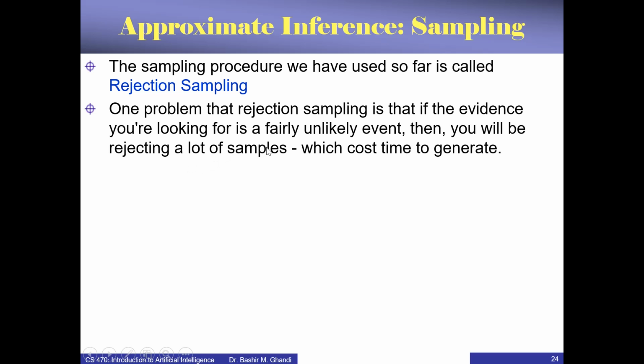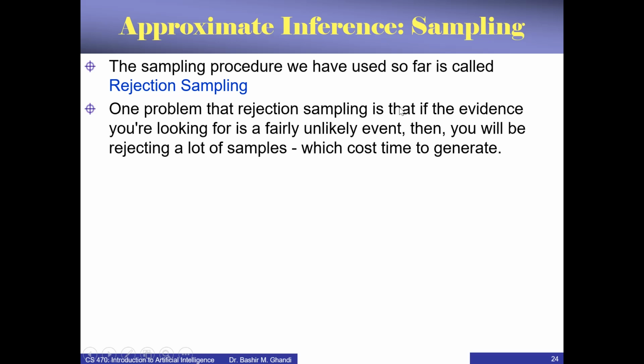And you can imagine that it takes some computational effort to generate those samples. So if you generate 1,000 samples, and it turns out that 900 of them are going to be rejected, then there is a lot of waste of time and resources and effort. And in that case, therefore, rejection sampling may not be appropriate to use.